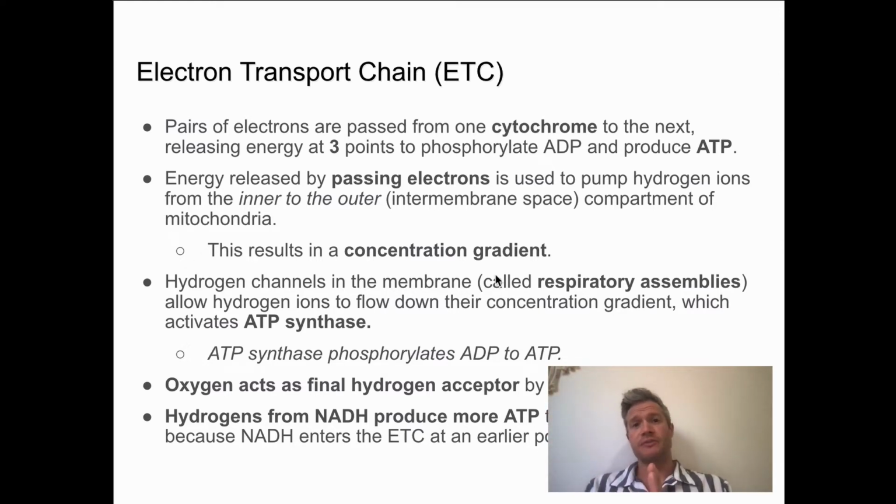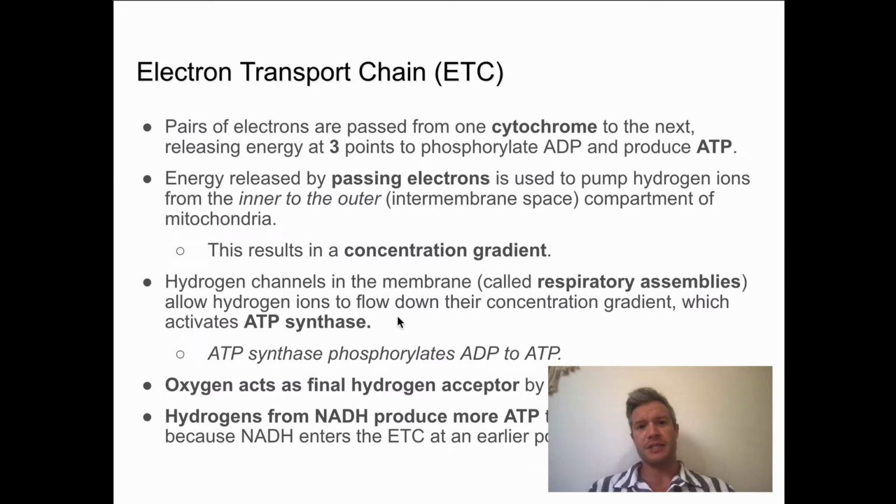It allows hydrogens to flow down through this protein structure and, quite literally, turn a component of the ATP synthase, which is what the molecule is called, to create ATP. So it's really, really cool. Again, we'll get to some images shortly to help visualize this.